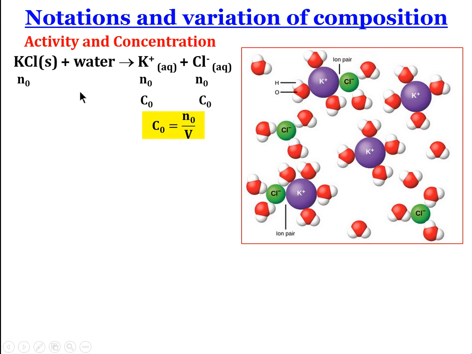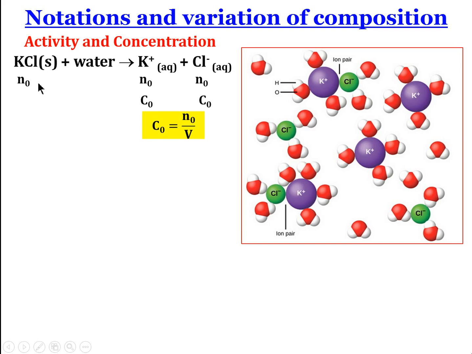Consider the dissolution of KCl in water. Since KCl is a strong electrolyte, it will dissociate completely to K+ and Cl- ions.